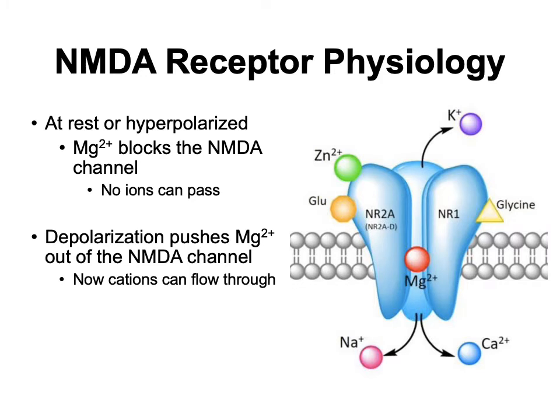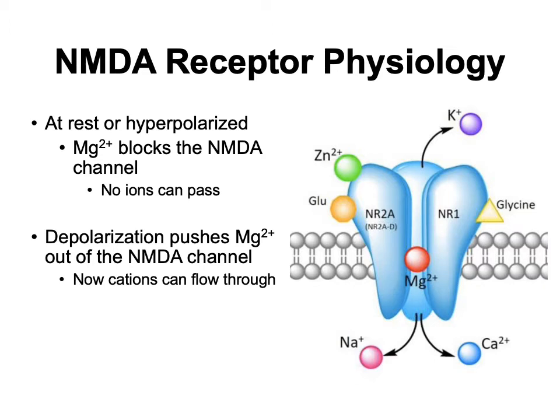NMDA physiology is a little different than any other of the transport proteins we have talked about before. When it's at rest, where it's considered polarized or hyperpolarized, it has a molecule of magnesium blocking the channel, so nothing can get in or get out.